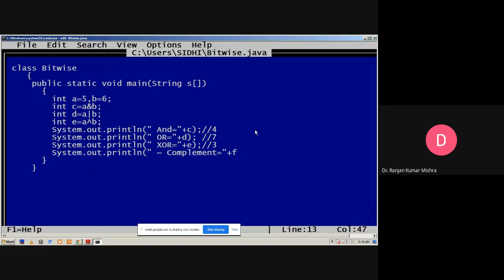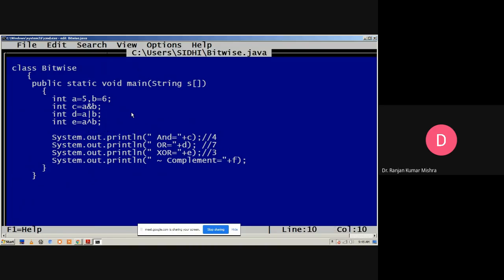Now suppose we take a variable f, and here we can write int f equal to 5. We have to find the complement of 5. If we find the ones complement of 5, the output will be -6.